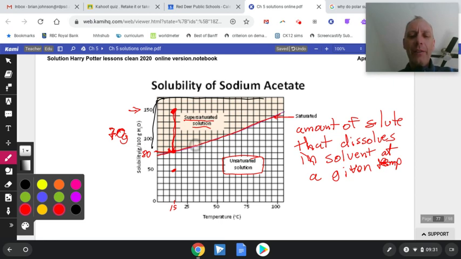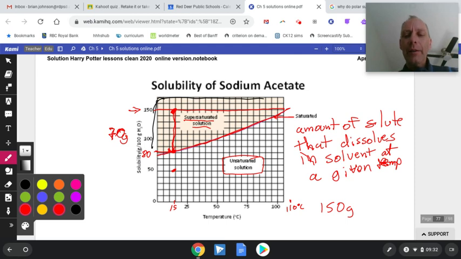To make it, he simply heated the solution up to here. So he took it to about 110 degrees Celsius. Because at 110 degrees Celsius, if you look across, you can fit 150 grams.